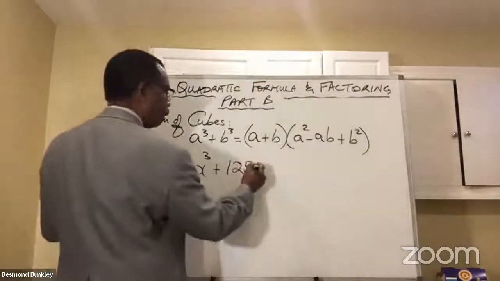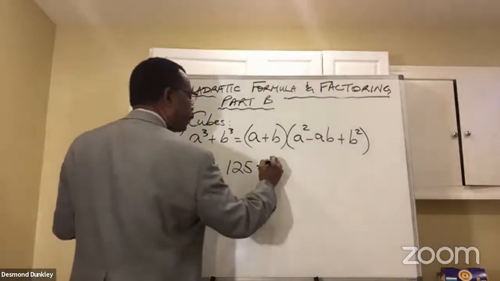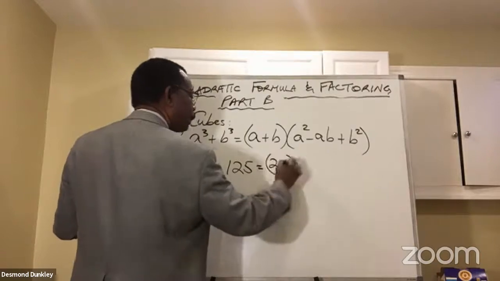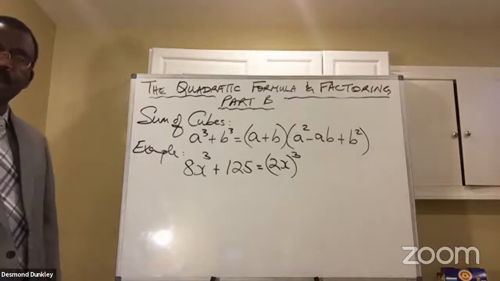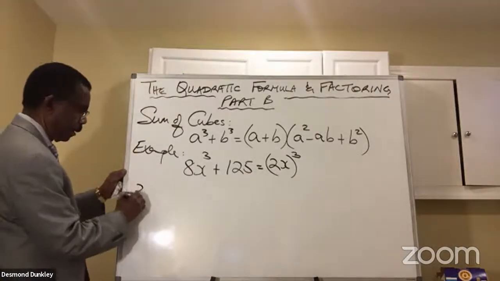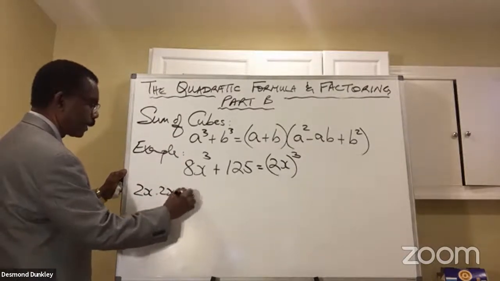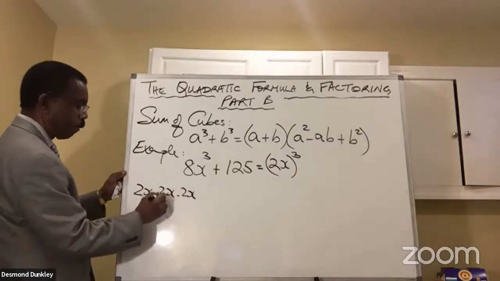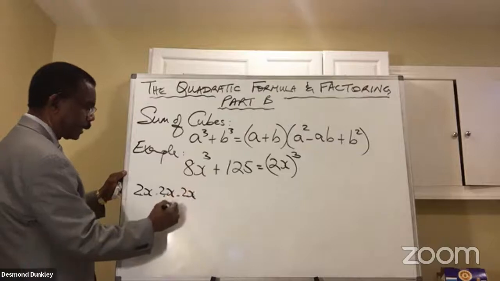So, do you see that this is actually 2x? Let's check. 2x times 2x times 2x. 2 times 2 times 2. 2 times 2 is 4. 4 times 2 is 8. x times x times x.